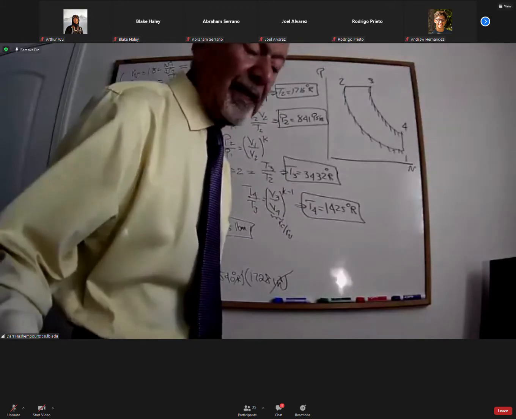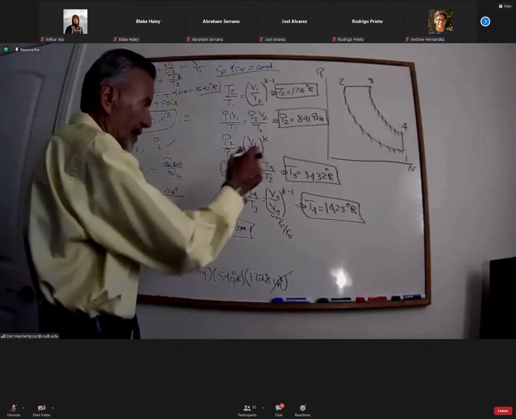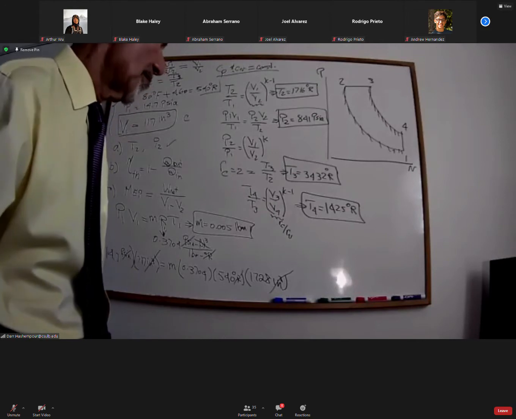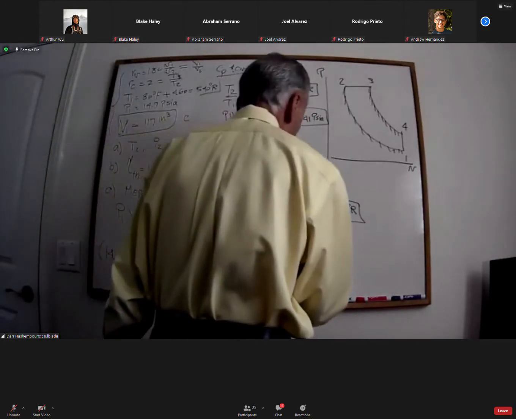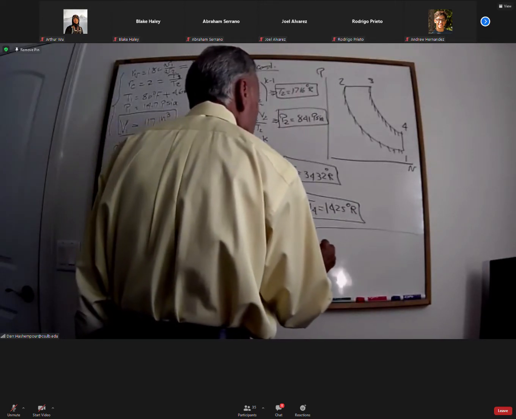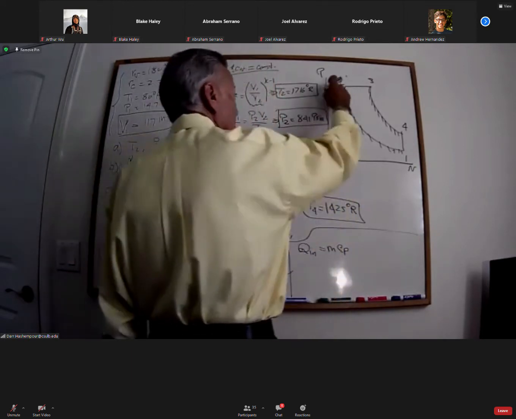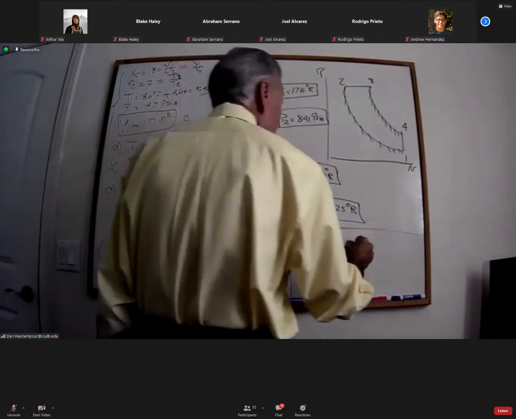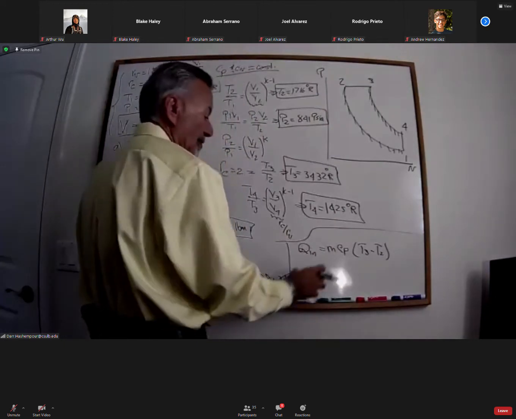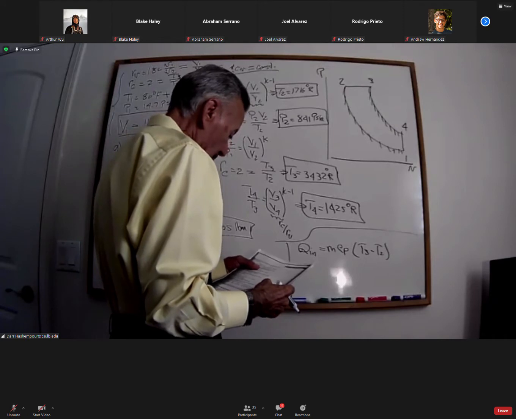Now, I went through everything and I found all my temperatures in the cycle. Now, the rest becomes much easier. So, my Qin is equal to mass of air times Cp, why Cp? Because it's constant pressure, times T3 minus T2. I have the Cp value from the table.